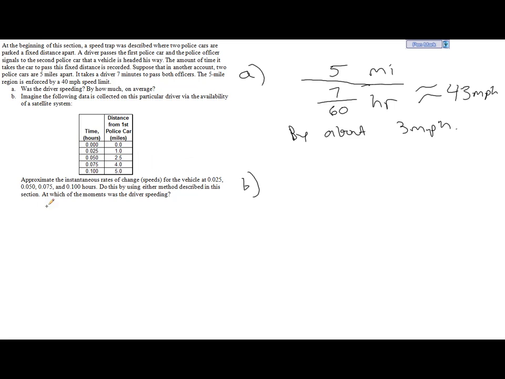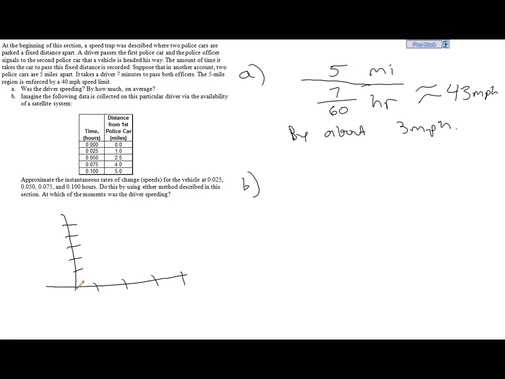Now there are different methods we can use to approximate this because we don't really have anything in between 0 and 0.025. So one way is to, well, let's just visualize this real quickly. We have 0, 0.025, 0.05, 0.075, and 0.1. And then we have 0, 1, 2, 3, 4, 5. So here's what's happening.